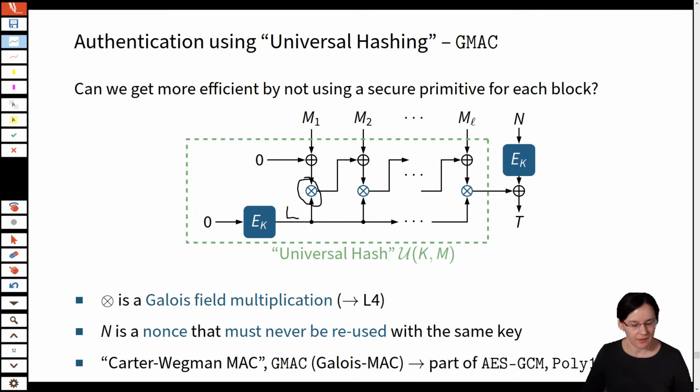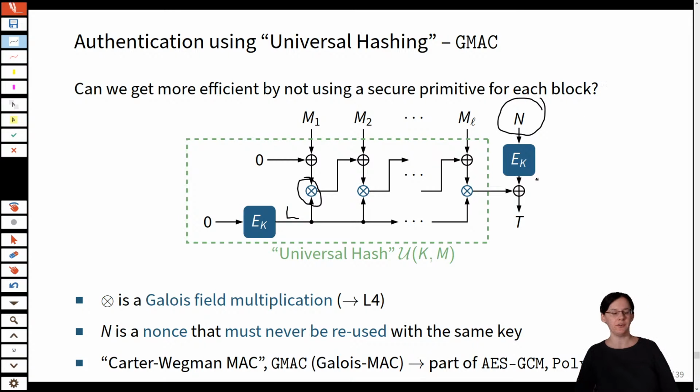And this is nice because the multiplication is usually more efficient. There is one issue with this, namely, this is a sort of one-time MAC. So as soon as you use this construction twice, you have a problem. And for this reason, unusually for a MAC, this MAC actually requires a nonce as an input. So it requires this one-time value here, and the final result of our chaining needs to be XORed to the encrypted nonce before it's output as a tag.